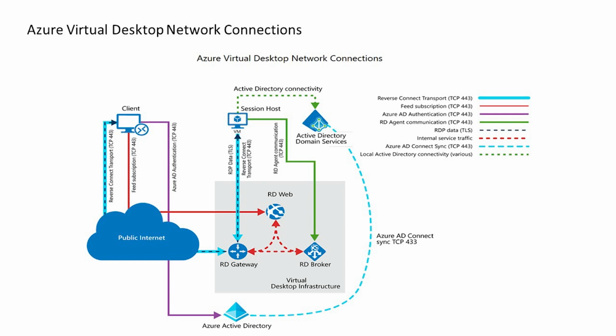Once this is done, the gateway starts relaying the raw data between both endpoints. And once this has all happened with the reverse connect transport, the client starts the RDP connectivity, a handshake of sorts.